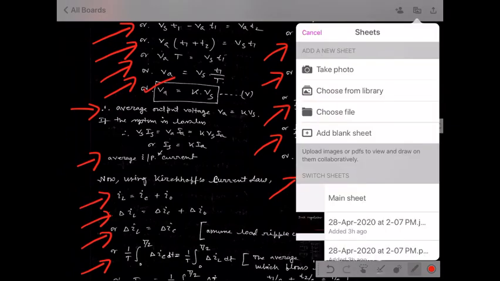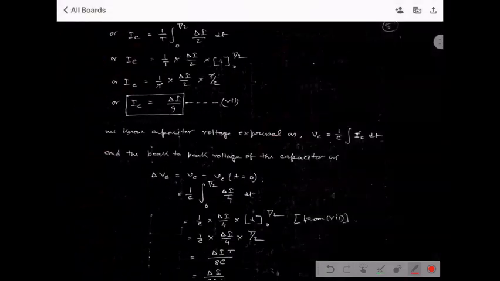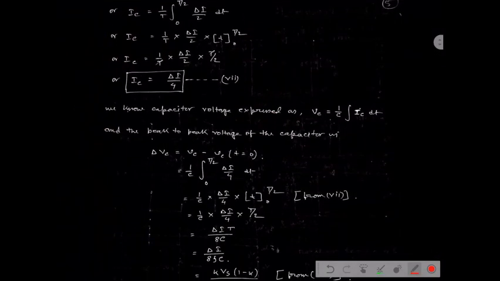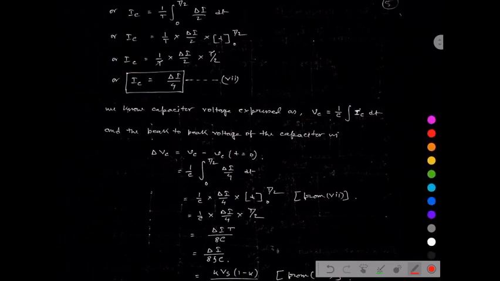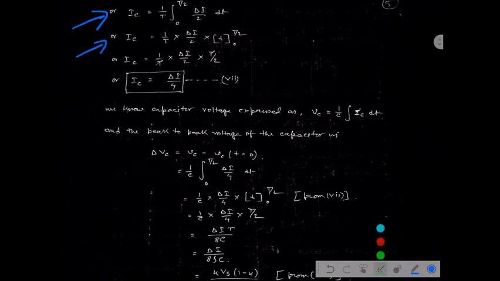Fine. Now for further calculation, we can say IC equal to 1 by T integration of 0 to T by 2 del I by 2 dt, as we have discussed before. Here is a simple integration with upper limit T by 2 and lower limit 0.